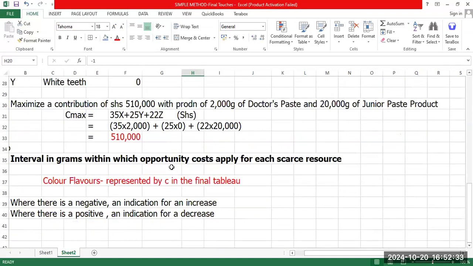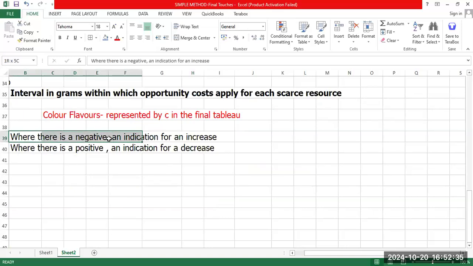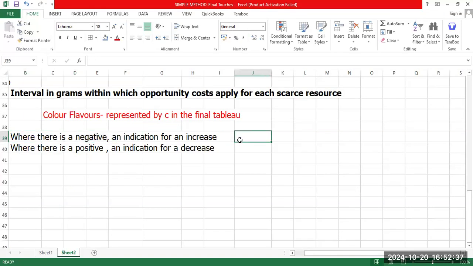If you are focusing on negatives, here you are interested in getting the upper limit. Then with positives, you focus over.